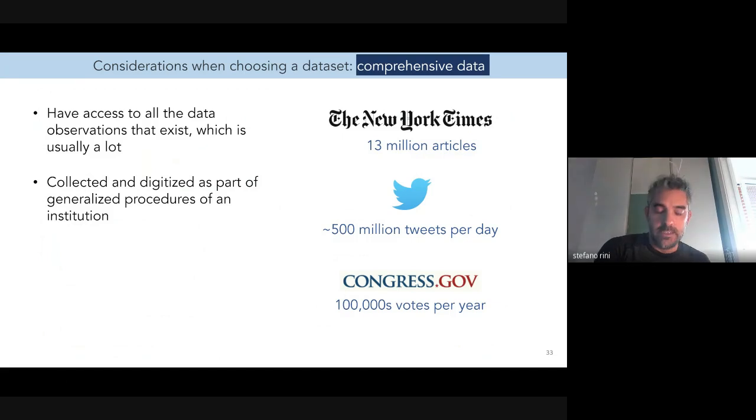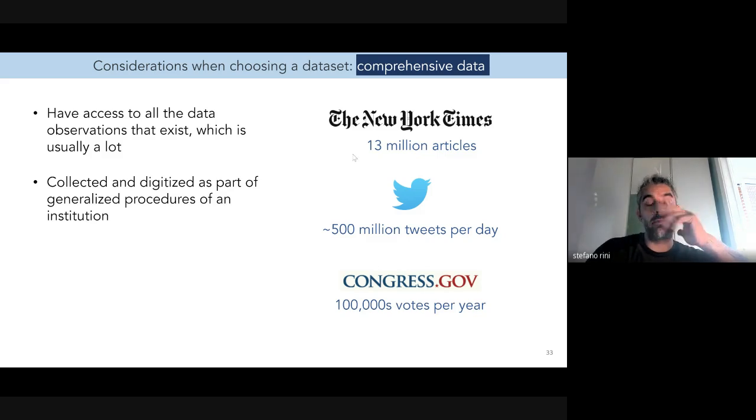And then another consideration is whether the data is comprehensive or not. Okay? So, for example, if you think about these sources of information: the New York Times, Twitter, and Congress.gov. You have access to the data observations that exist, which is usually a lot, and the collected and digitalized information is produced by a certain institution, right?